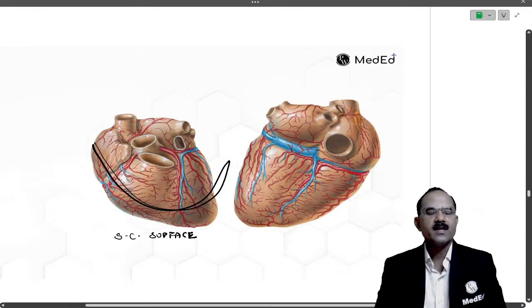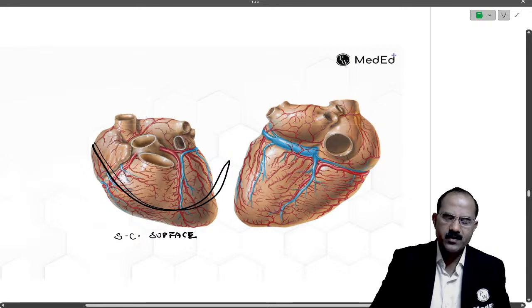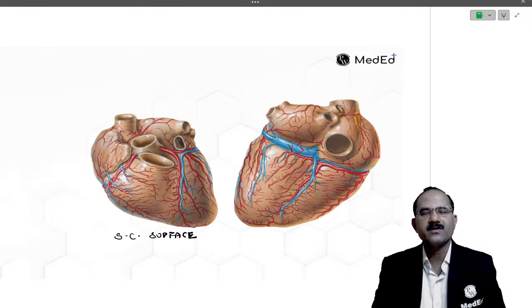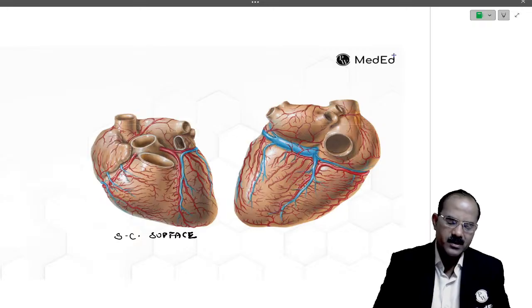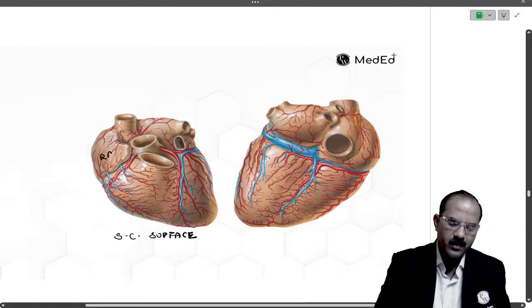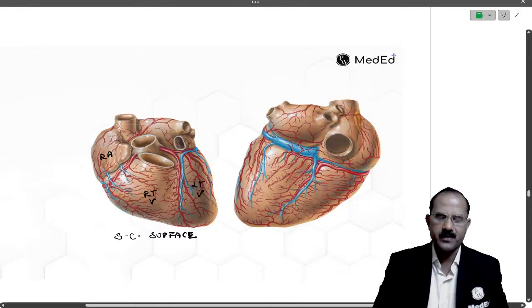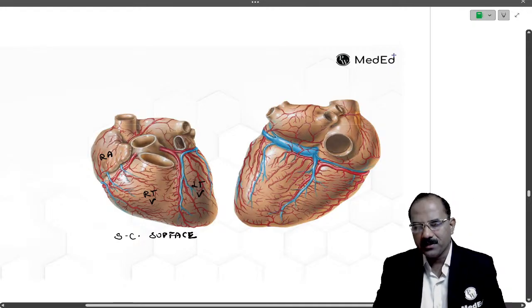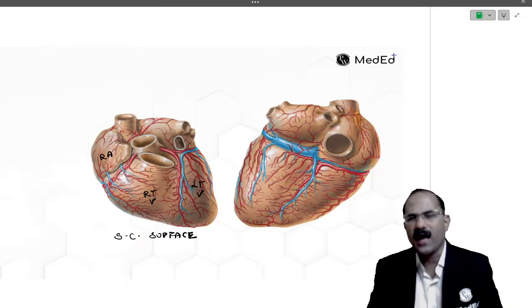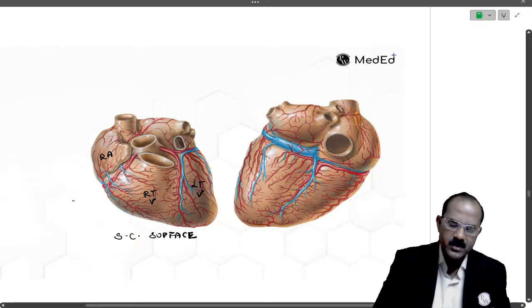Sternocostal surface. It is not the base. This is the sternocostal surface. And this sternocostal surface is made up of how many chambers? That's the right atrium, that's the right ventricle, and that's the left ventricle. So the sternocostal surface of the heart is made up of 3 chambers: the right atrium, the right ventricle, and the left ventricle. What is this groove here known as?